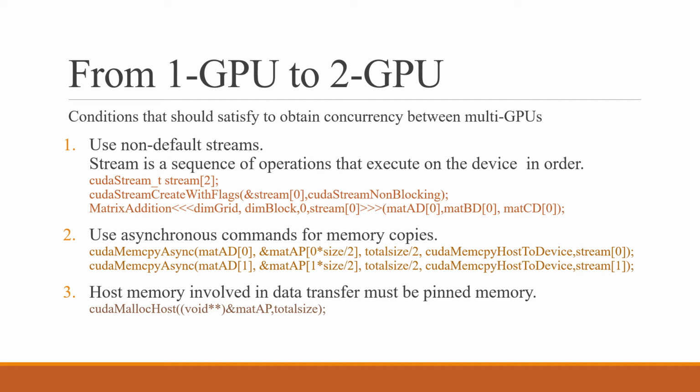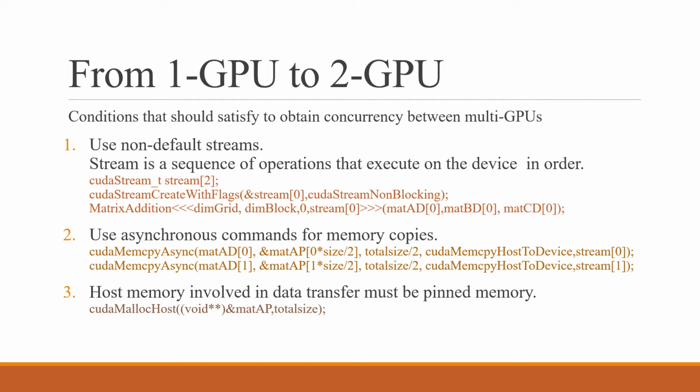And the third condition is that host memory involved in data transfer must be pinned memory. The device has pageable memory. In order to avoid pageable memory, I had to make the memory pinned memory. Pinned means non-pageable. So cudaMallocHost will do that task for me.